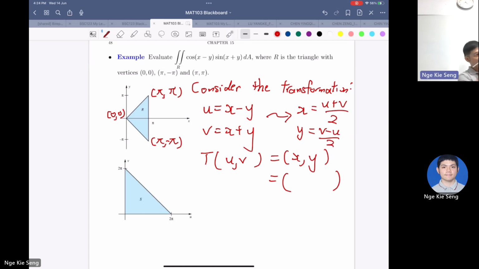You can do substitution or row reduction, anything to find this. So this is our map.